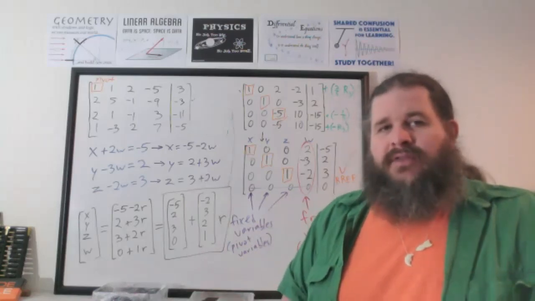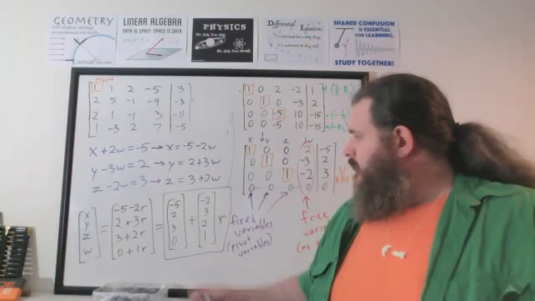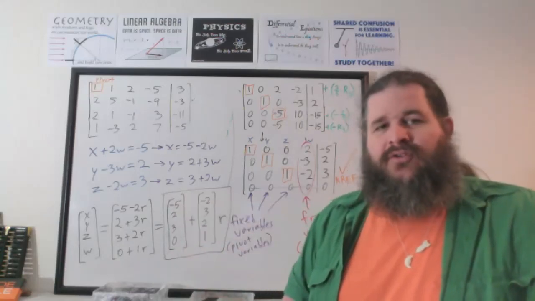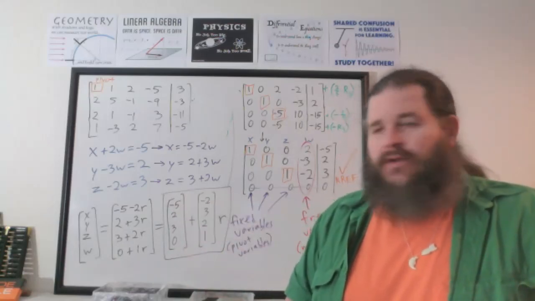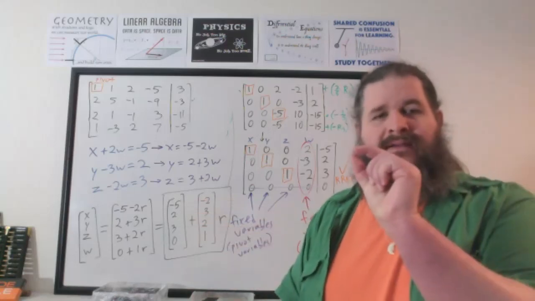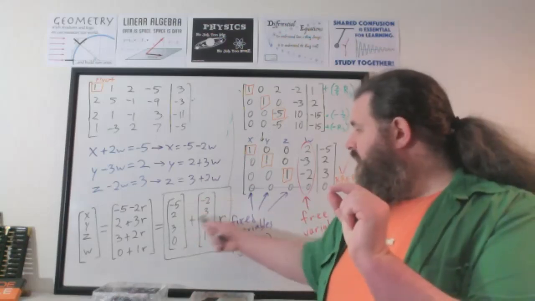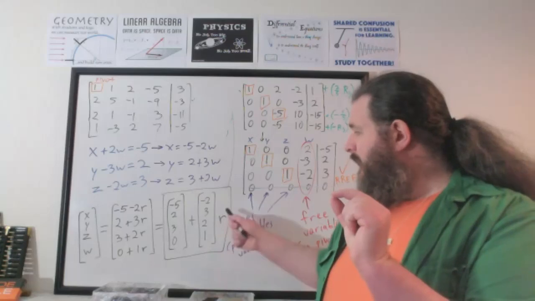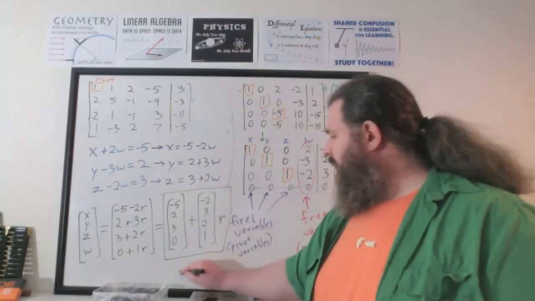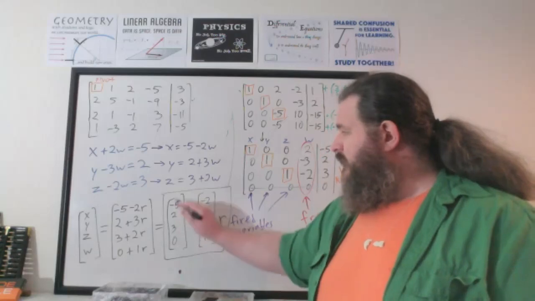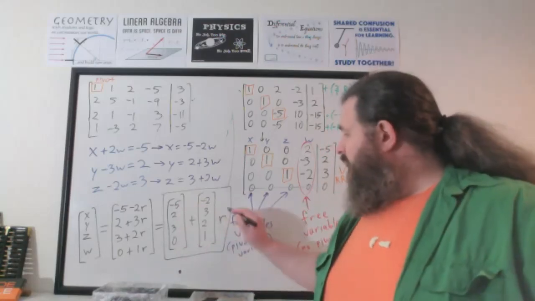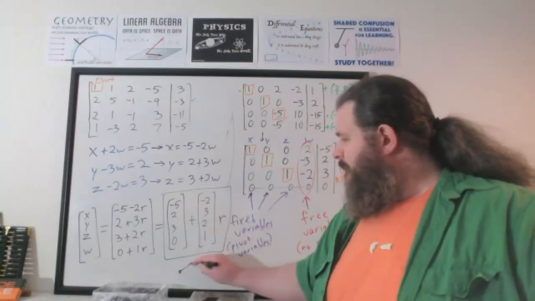And we can also even think of this geometrically. This is a 4-dimensional vector, 4 by 1. So this is a space we can't directly visualize, a 4-dimensional universe. But -5, 2, 3, 0 represents some point. And plus r times this vector means we're going some distance in this vector's direction. So you've got some point representing these coordinates in x, y, z, w 4-dimensional space, plus any multiple of this vector.